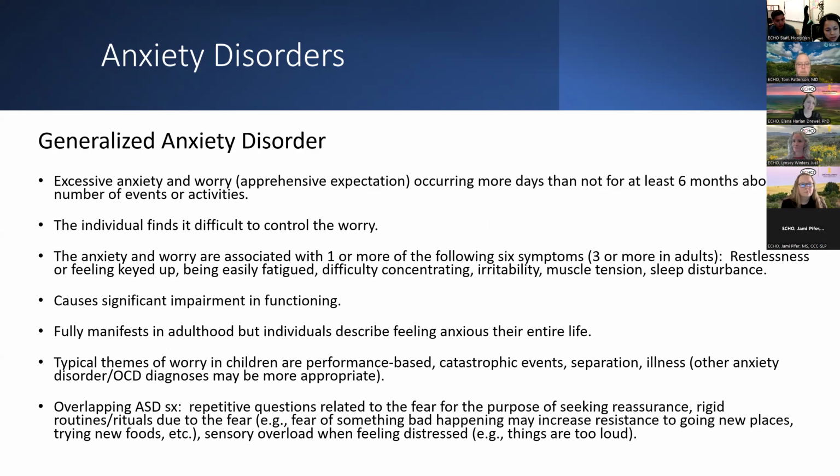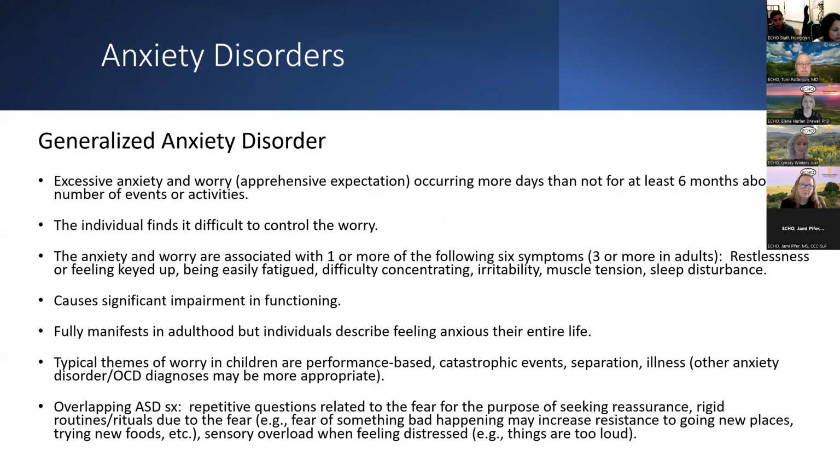Then there's generalized anxiety disorder, which is an excessive anxiety and worry. So apprehensive expectation occurring more days than not for at least 6 months about a variety of things. And it's very difficult for the individual to control their worry. And it's usually associated with a few symptoms, including restlessness, feeling keyed up, feeling fatigued.